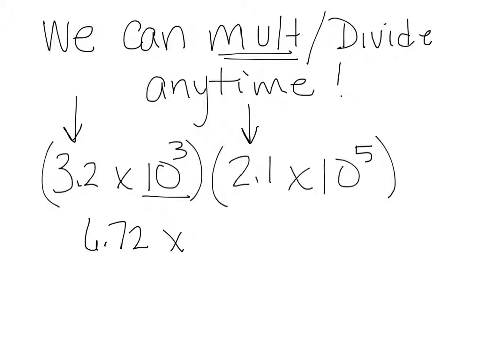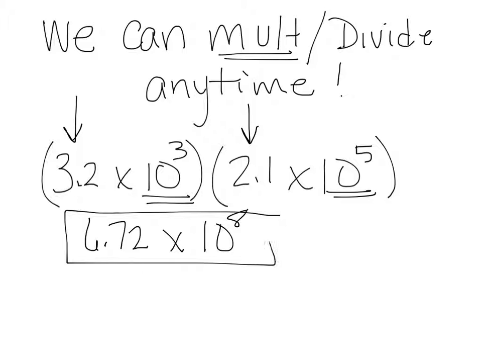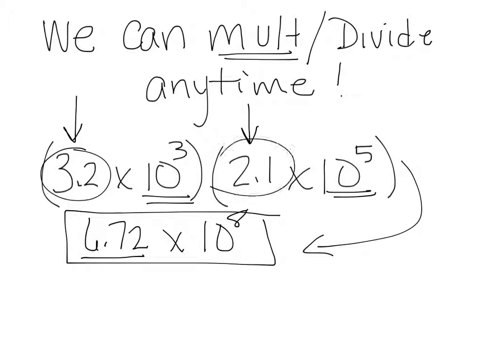Then take the two powers of 10 and multiply those together. What's 10 to the third times 10 to the fifth? Well, that's 10 to the eighth. Multiply the coefficients together, then multiply the powers of 10 together. 6.72 times 10 to the eighth.